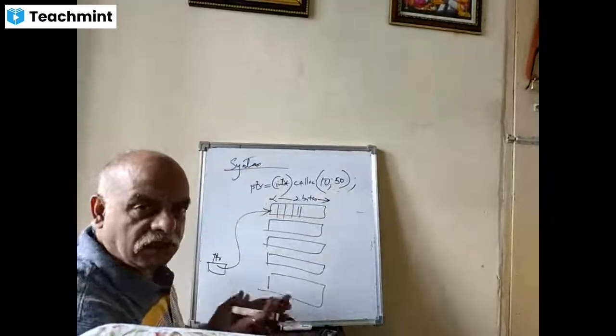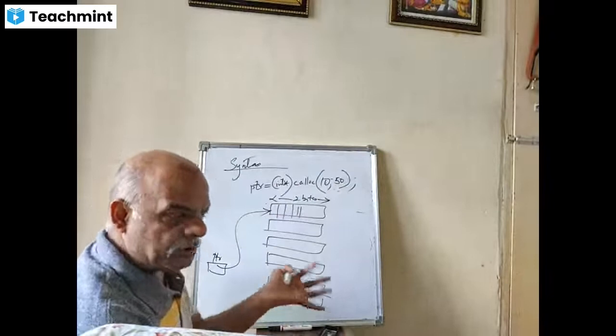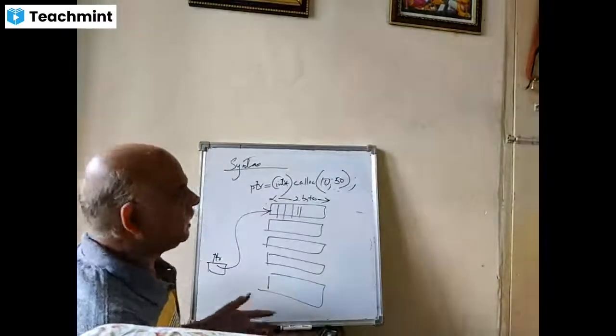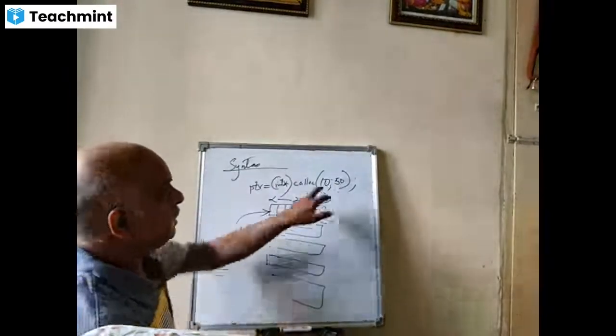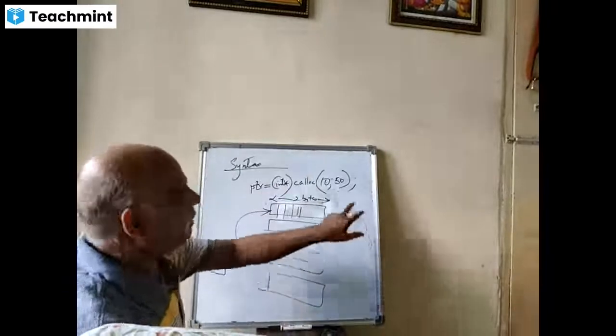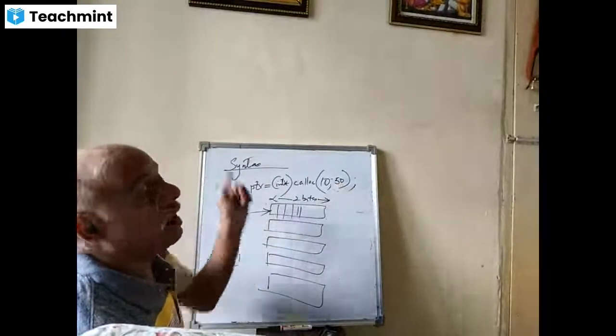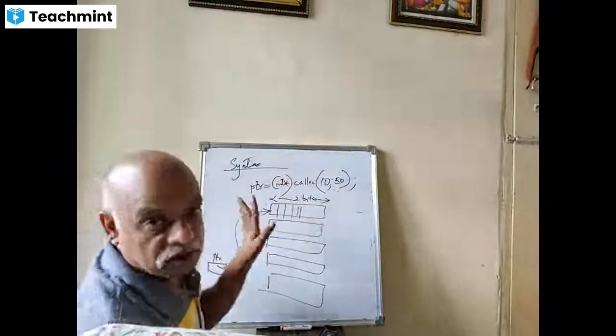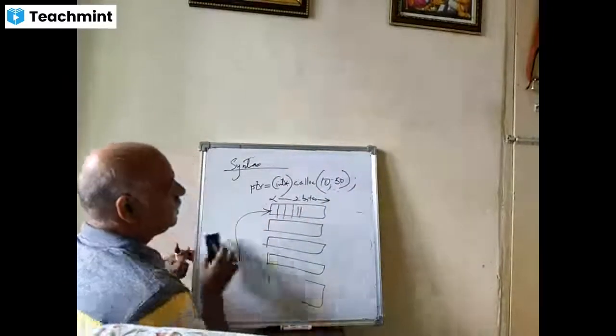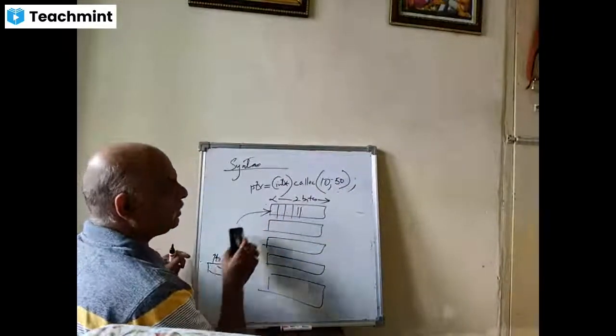The blocks in memory are allocated from the heap, a reserved area in the computer. It takes 10 blocks, and each block capacity is 50 bytes. And the PTR points to the address of the first byte of the first block. Okay, this you have to remember. So you can write like this also.